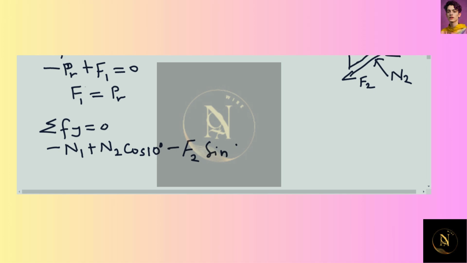Of course, F2 is the same thing as mu, the coefficient of friction, times N2. So F2 is mu N2, sine 10 degrees, equal to zero.